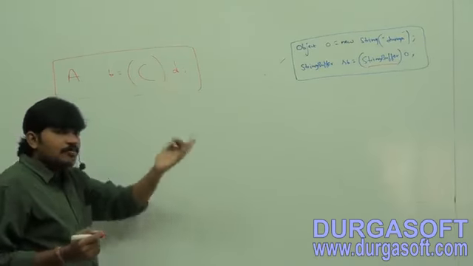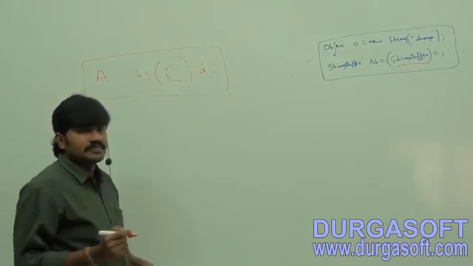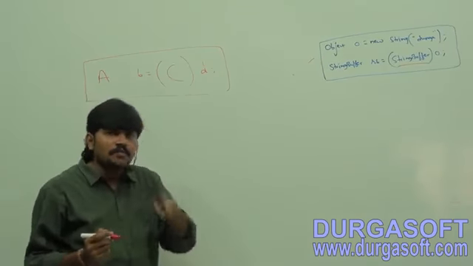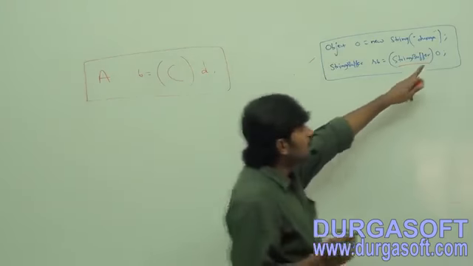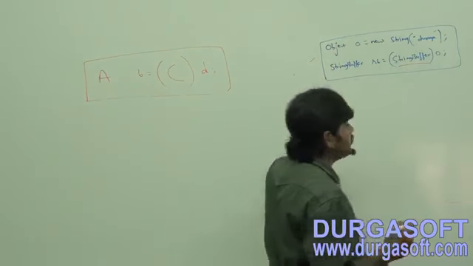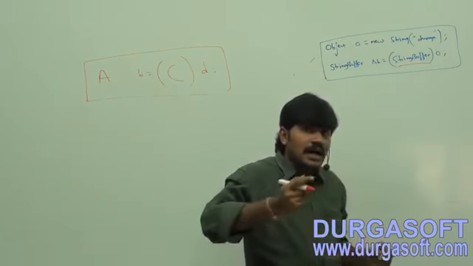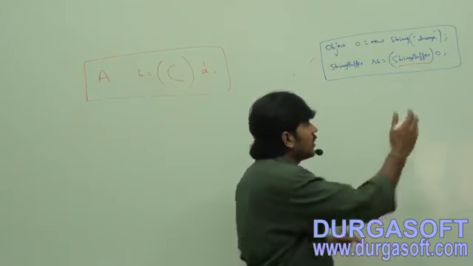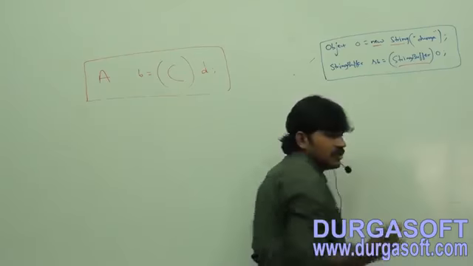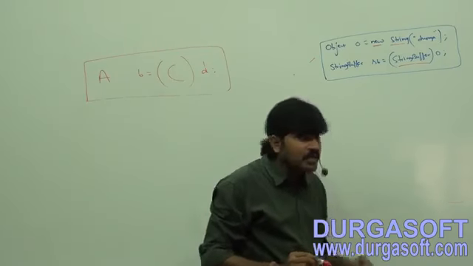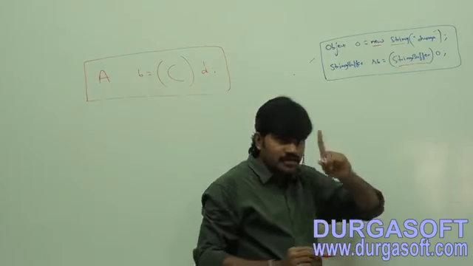The underlying object type of D, the runtime object type of D. Here, O is what type? Object type. But what is the underlying object type? The underlying object is this one, for which we used the new operator: String. The underlying object type is String. Make sure you are aware.